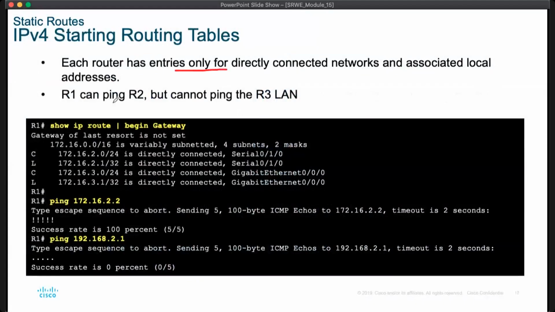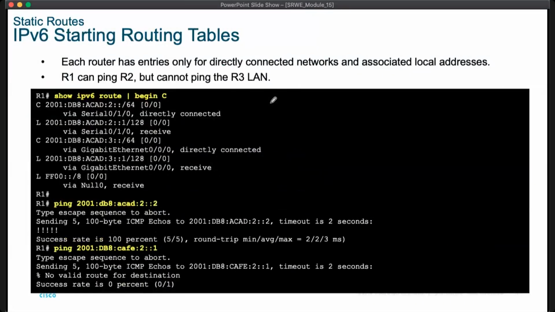R1 can ping R2 but cannot ping R3. IPv6 starting routing table. Each router has entries only for directly connected networks and associated local addresses. R1 can ping R2 but cannot ping R3.